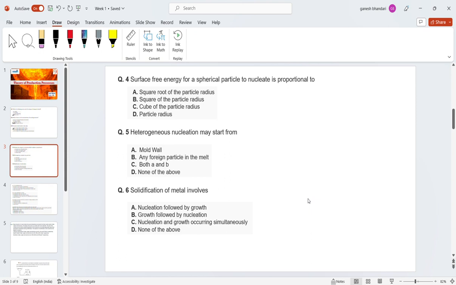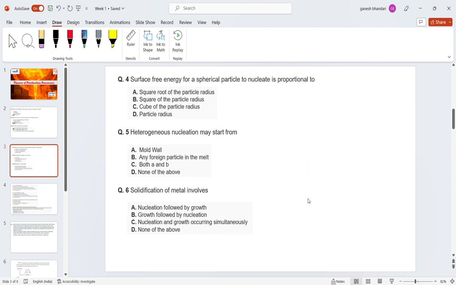You can also go through contact angle measurement instruments, how they work and what the procedure is.